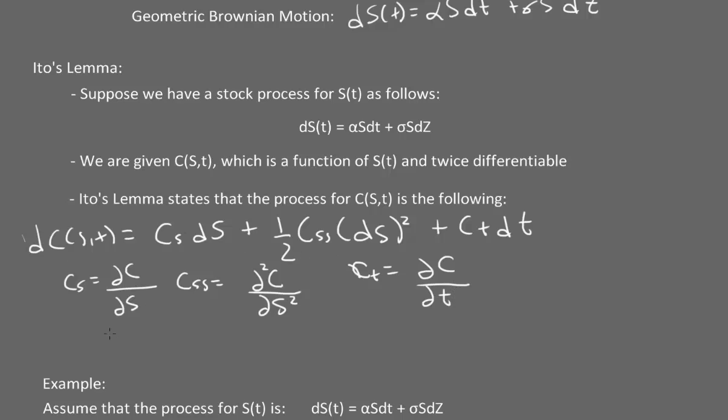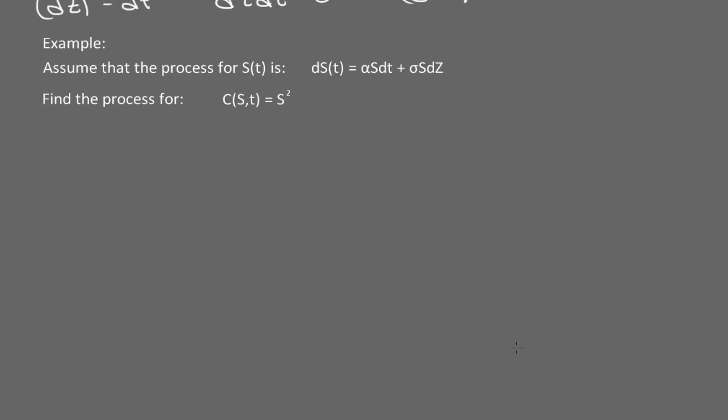Now something that's handy for doing Ito type questions is to note that dZ squared is equal to dt, and dZ dt is equal to 0, and dt squared is also equal to 0. So now we can go through an example.